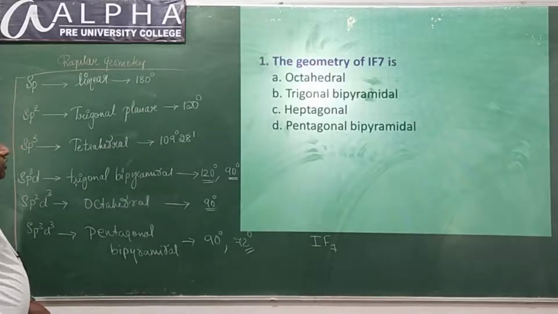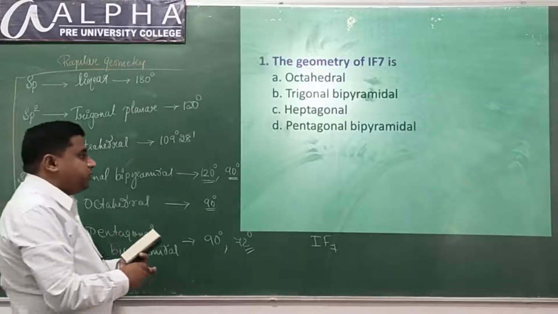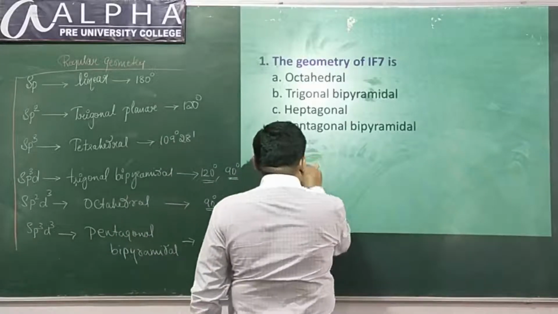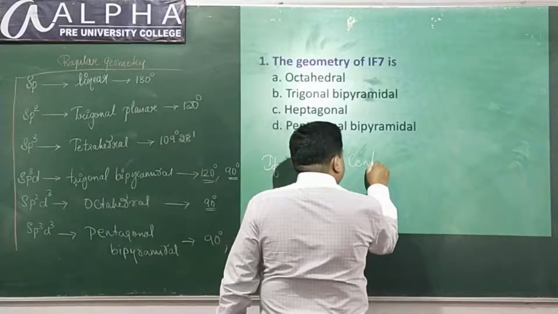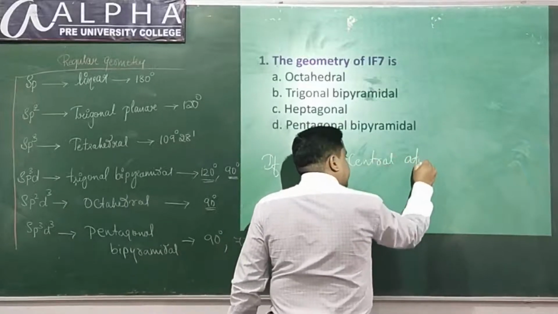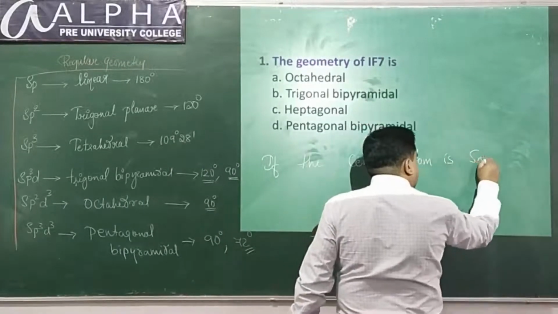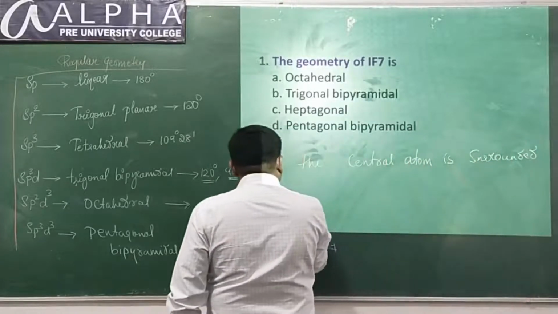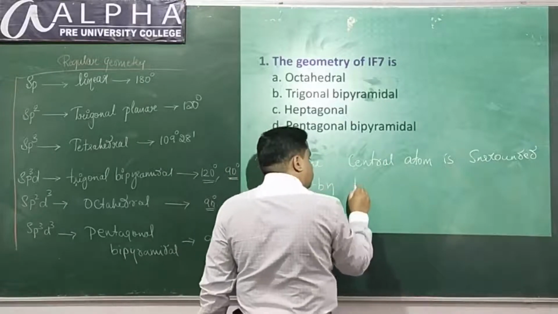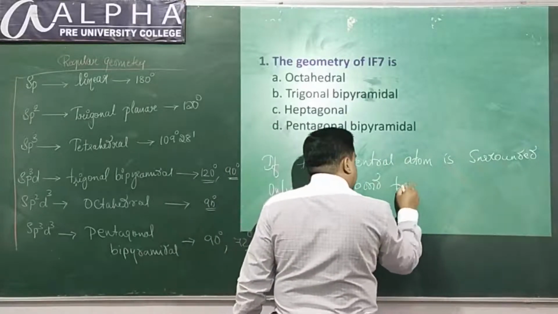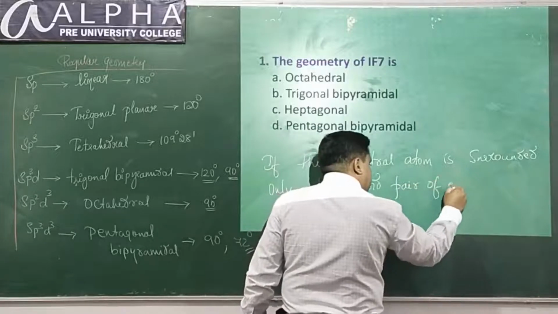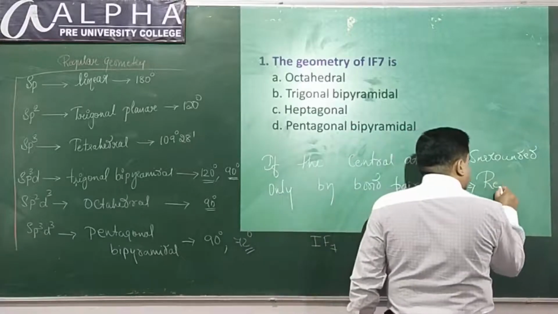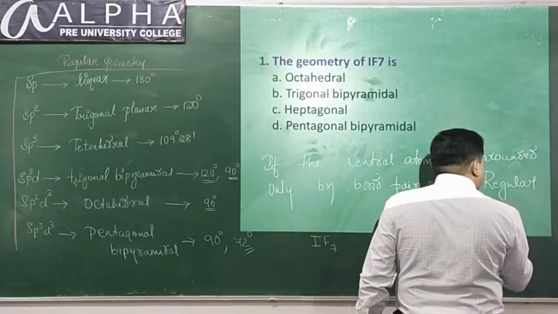What do you mean by regular geometry? If the central atom is surrounded only by bond pair of electrons, then it is called regular geometry.